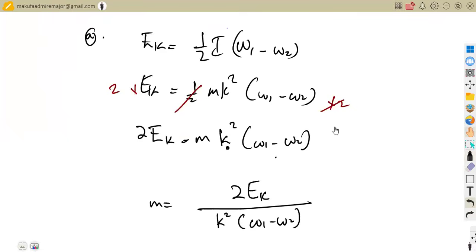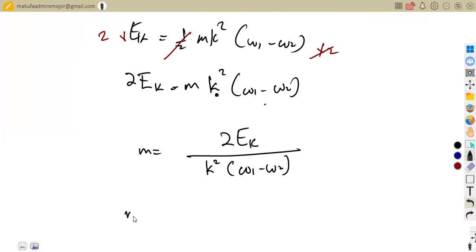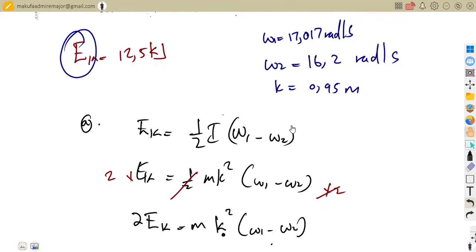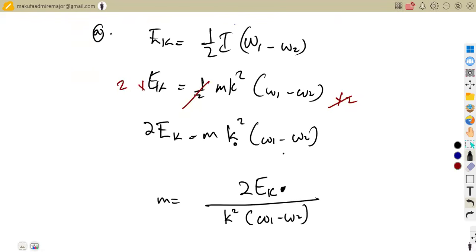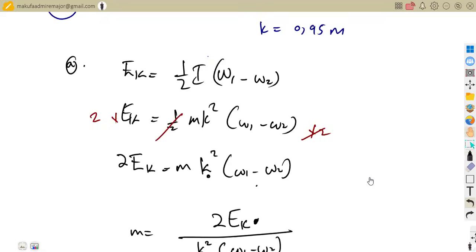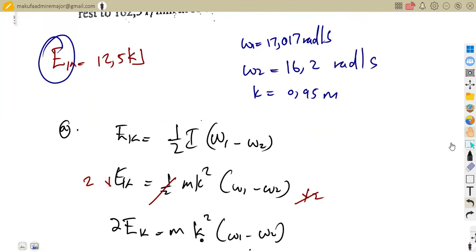So this is now a substitution taking place. The mass is equivalent to 2 times the kinetic energy that we are given before, 12.5 kilojoules. Remember, it was you who was converting your own answer. So when you write it, you write 12.5 times 10 to the exponent of 3, because we have to write the joules as they are.